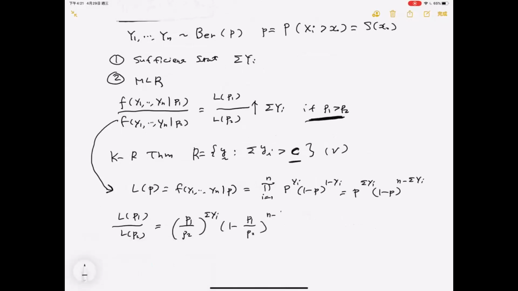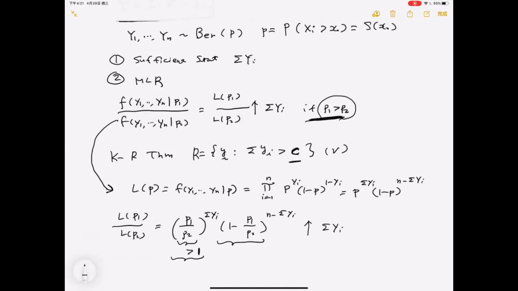Then if P1 is bigger than P2, you are trying to show that it's an increasing function of summation yi. Not hard to see that, right? P1 bigger than P2, this term is bigger than 1. Then the first term is an increasing function of yi. This one as well, right?